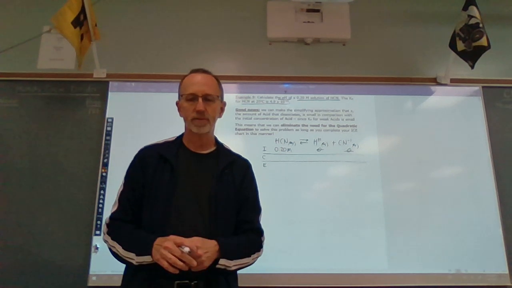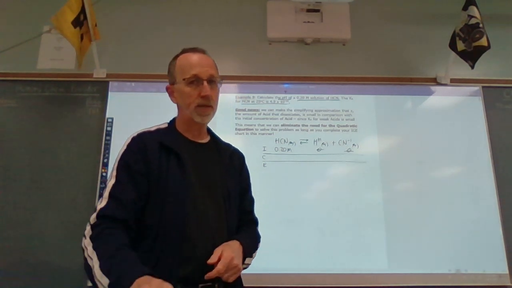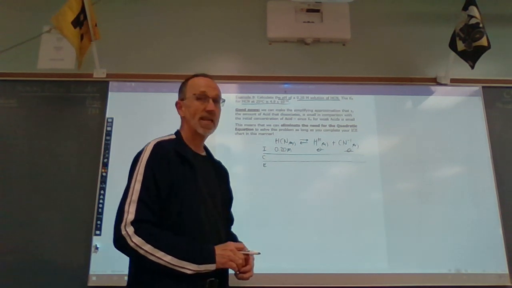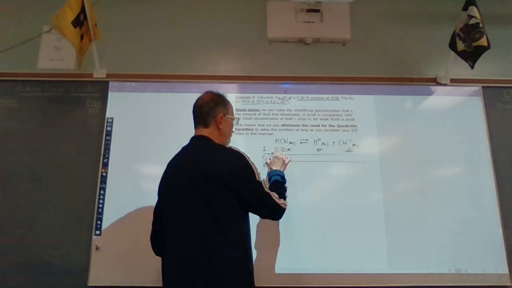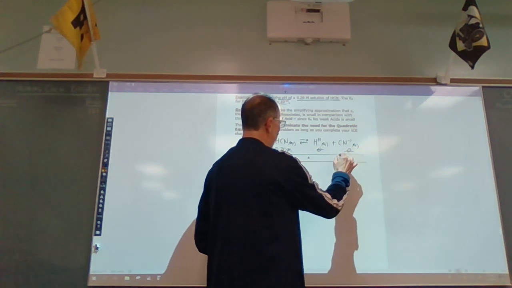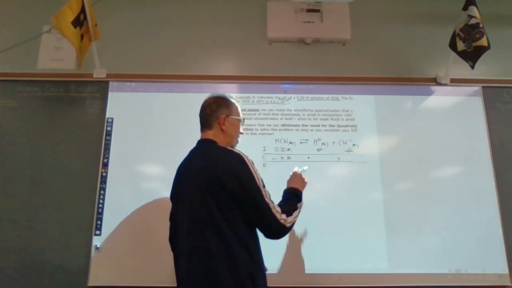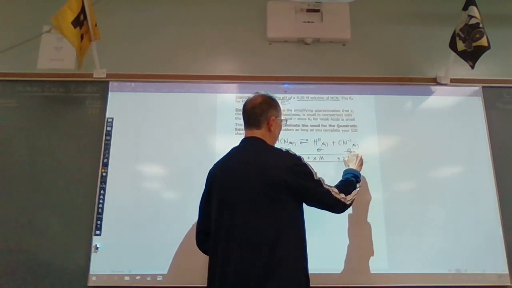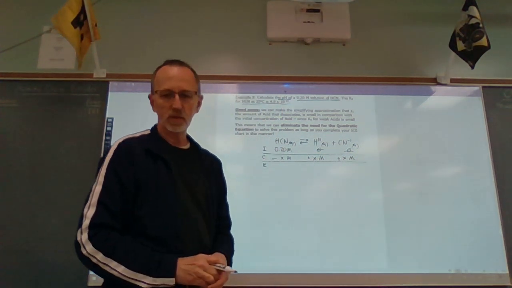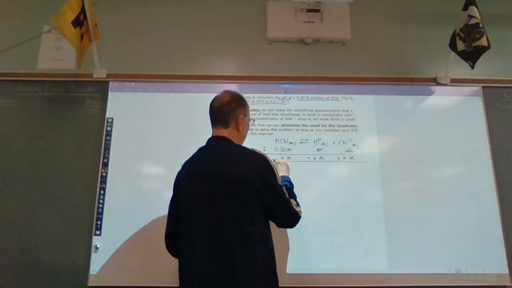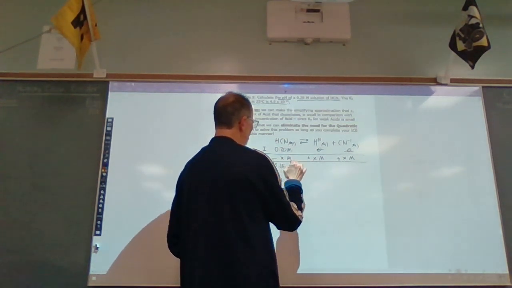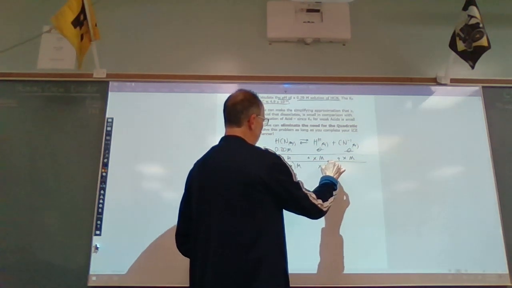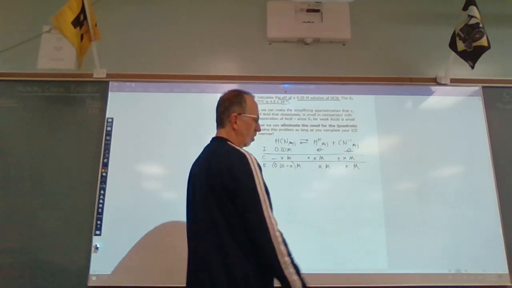So it appears we're going to have to go back and use X as our change. We don't know what it is. We know that this goes down by some value X. These go up by some value X. And at equilibrium then, we would have 0.20 minus X molar, X molar, X molar.